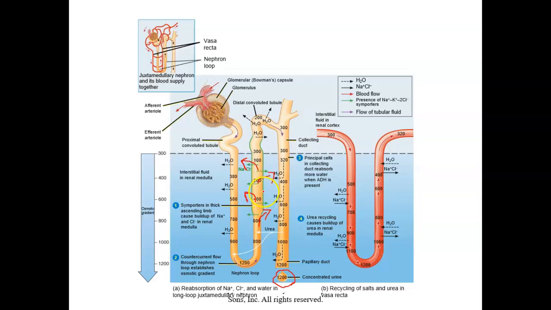Water can't leave the proximal convoluted tubule. I'm sorry, water cannot leave the ascending limb. But one thing it can do is leave the collecting duct.